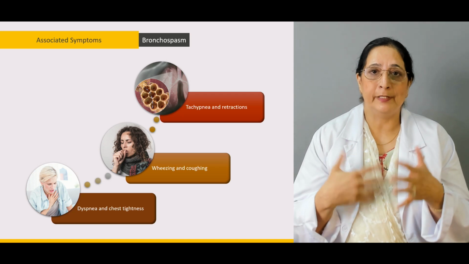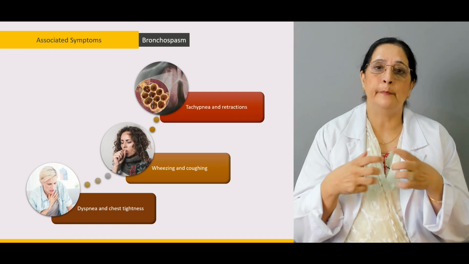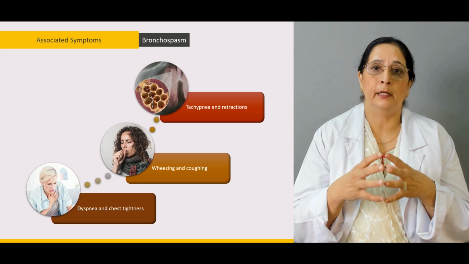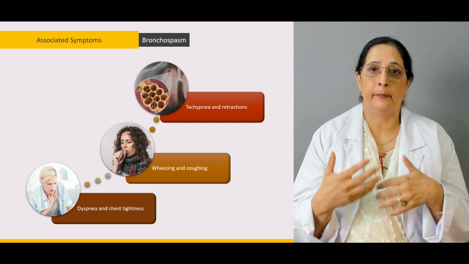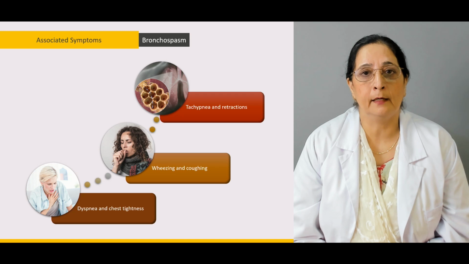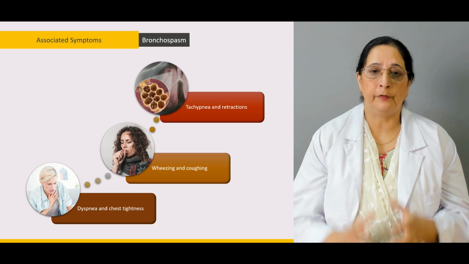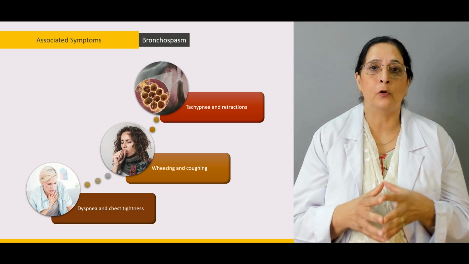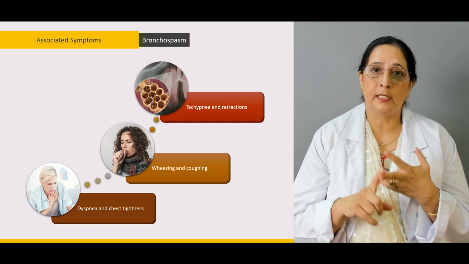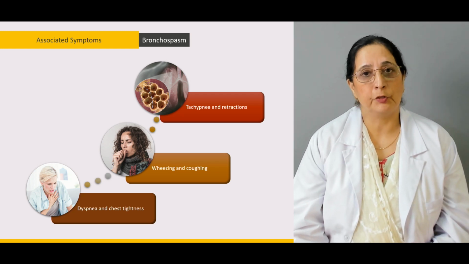The breathing is increased, there is fast breathing, and there is retraction. The intercostal muscles are retracted because of that forceful breathing, as they try to overcome the breathing deficiency and get enough oxygen. So the very characteristic features of bronchospasm are wheezing, tightness of the chest, shortness of breath, coughing, tachypnea, and retractions.